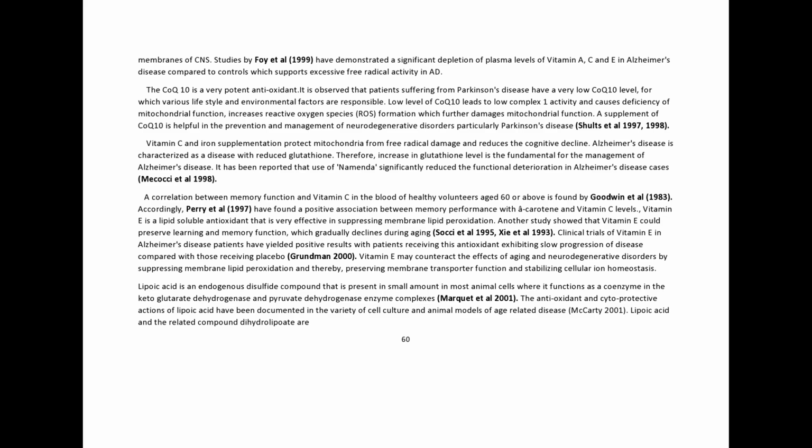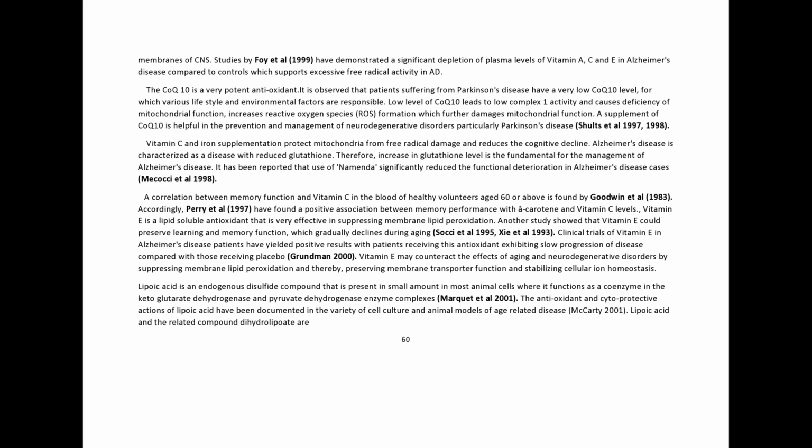Low level of CoQ10 leads to low complex 1 activity and causes deficiency of mitochondrial function, increases reactive oxygen species, ROS, formation, which further damages mitochondrial function.